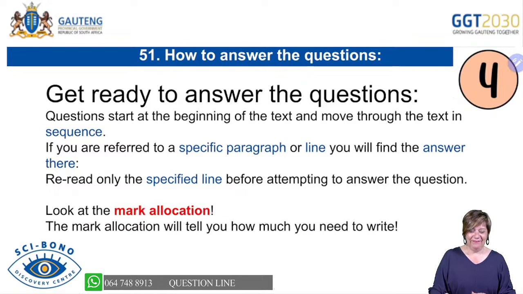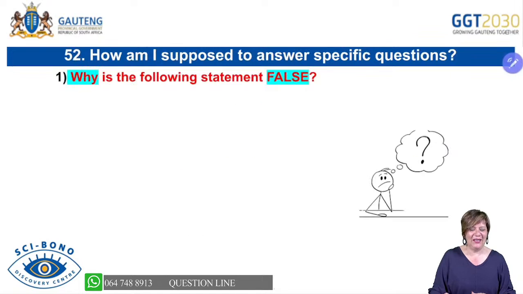Very important, you need to look at the mark allocation. That means how much a question is worth, and that will tell you exactly how much you need to write. It's usually 1 fact per mark. But be careful, you can rather write too much than too little.